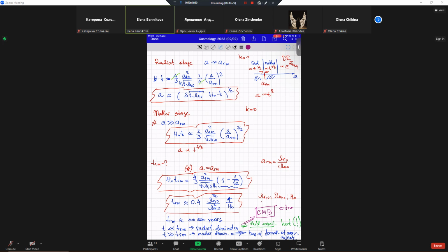We already spoke more than once about it. The cosmic microwave background appeared at the time t_rm, approximately. It means that when we investigate the CMB, we investigate the conditions in the universe in the incredible past, 100,000 years from the birthday of the universe. So maybe this is the ultimate past which we can, in principle, look at in nature, because to look even deeper is already complicated.